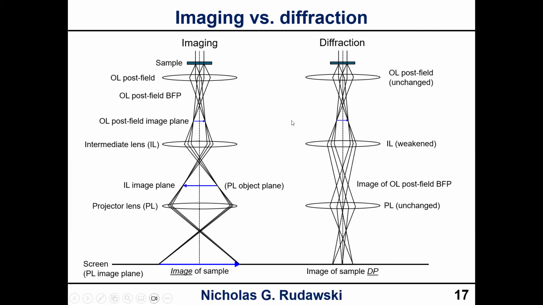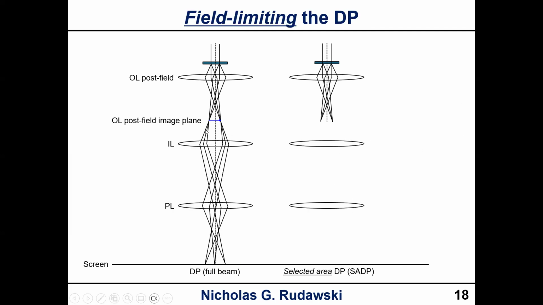Nothing else changes in terms of the projector lens. So now instead of an image of the specimen at the projector lens object plane, I have an image of the objective lens post field back focal plane, or the diffraction pattern. And then the projector lens forms another image of that. It's the same idea behind how we can increase the magnification of our diffraction patterns as well, through manipulation of the lenses in the projection system. So that's how we're able to actually see a diffraction pattern.